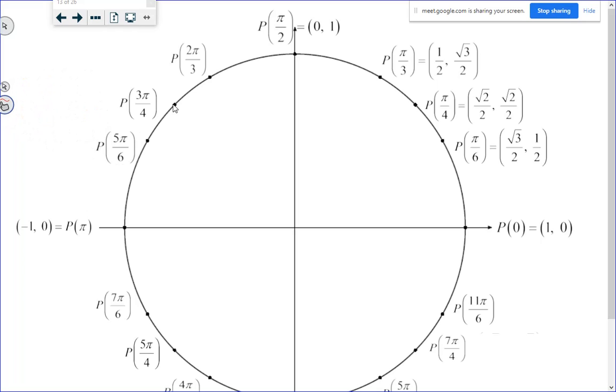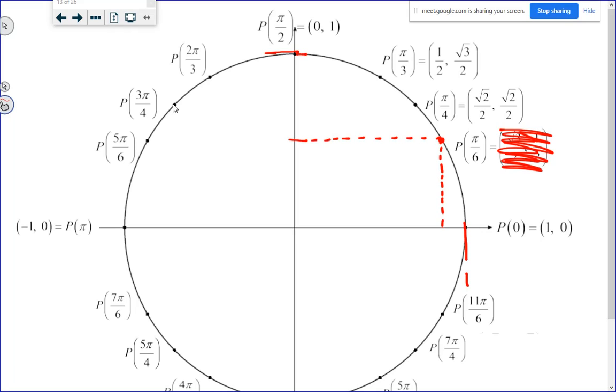Then I say, and you have to listen and think at the same time, I say, I know that the other points are the 30 and 60-degree points, and I know that the numbers are always a half and root 3 over 2. Always. So if I don't know this, what I do is I look at this point and I look at the x-coordinate here. Now remember, this is 1. And I look at the y-coordinate here.